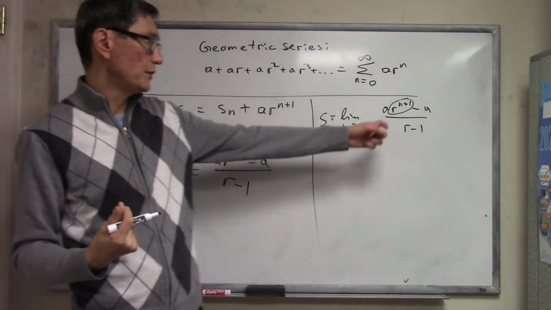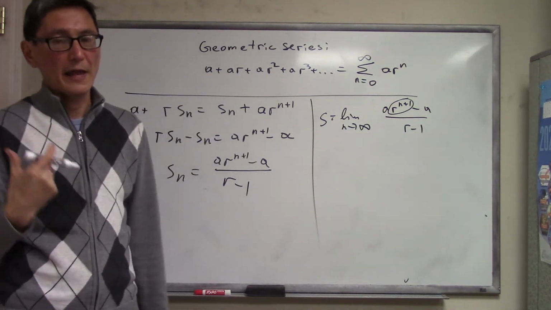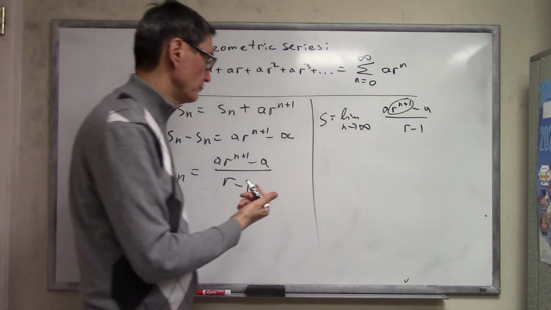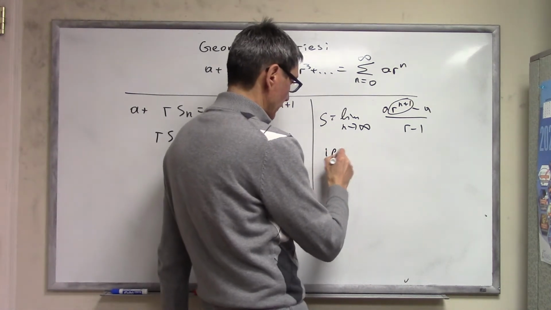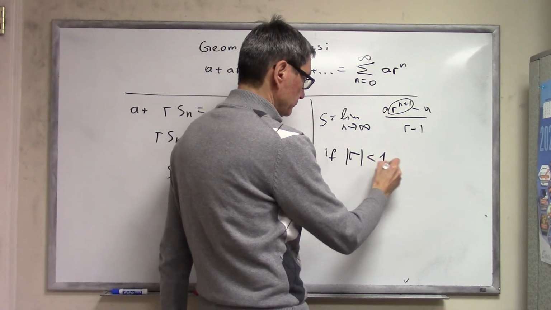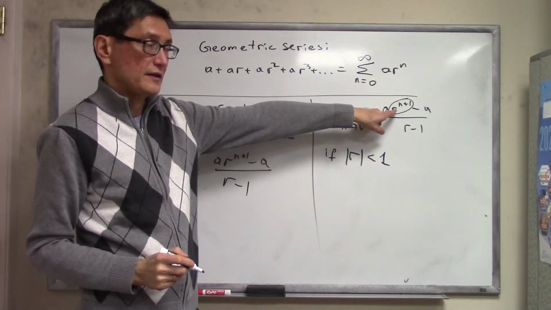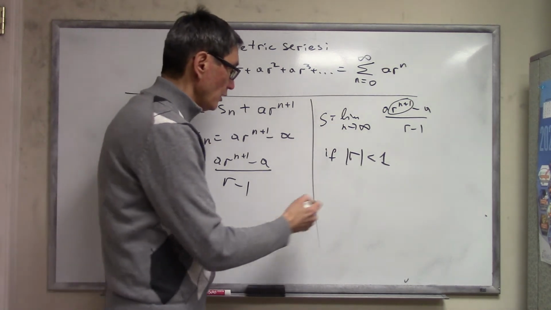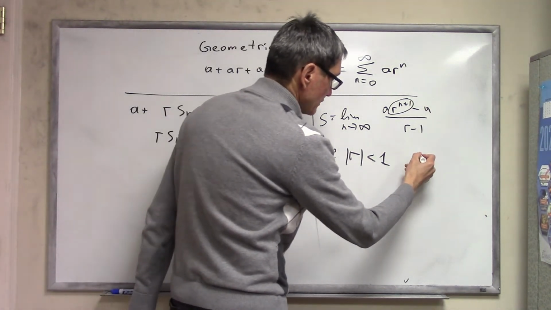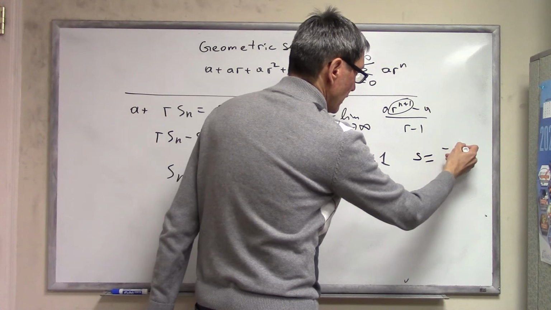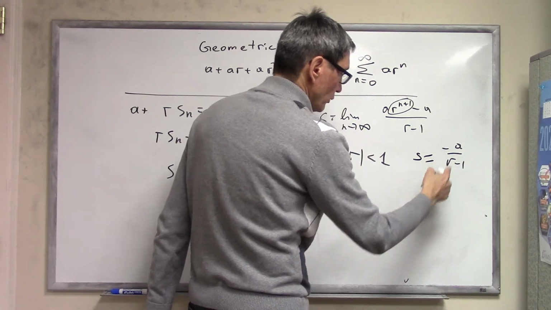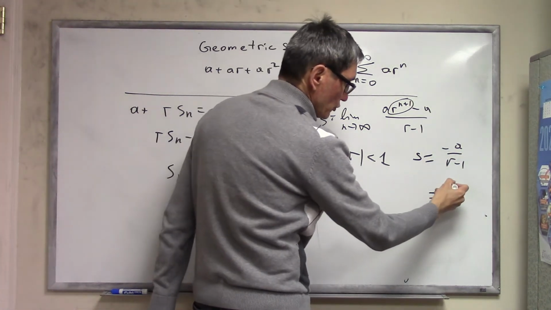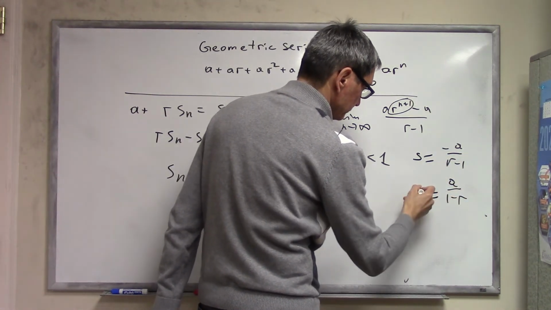And in order for that limit to exist, r has to be small. Absolute value of r has to be less than 1. So we conclude that if r is small, then r to the infinity is going to be 0, so we are going to get S equal to negative a over r minus 1, and often we'll multiply top and bottom by -1, so we're going to get a over 1 minus r.